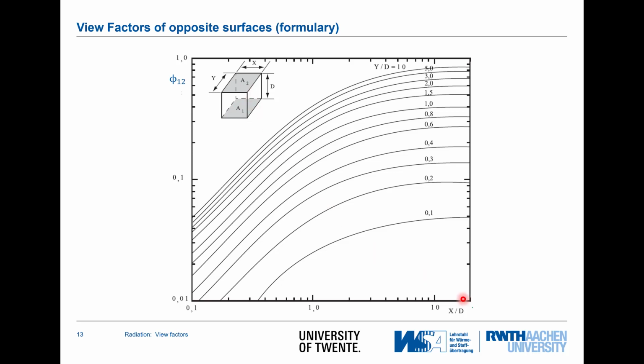So D being very small is being in this corner and in that corner, and then we reach almost the view factor of 1. Or in other words, if the distance increases, my view factors go down, so I'm here in the lower end if D gets larger and larger.